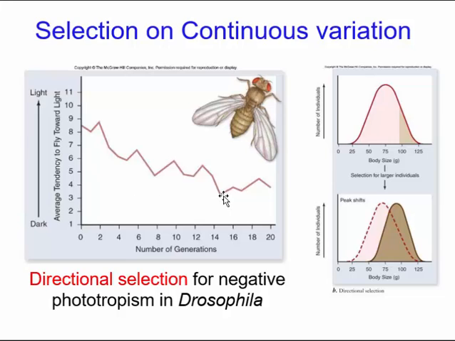And over multiple generations, what do you see? You see a decrease in the remaining populations to work their way toward that light. Because you're selecting against individuals that migrate toward the light. And this is a directional selection. You're shifting the population to those that stray away from light.